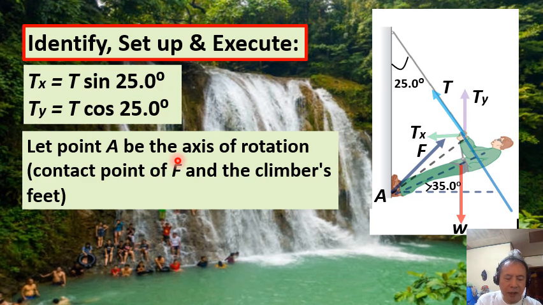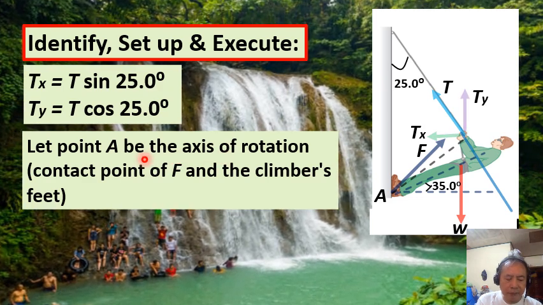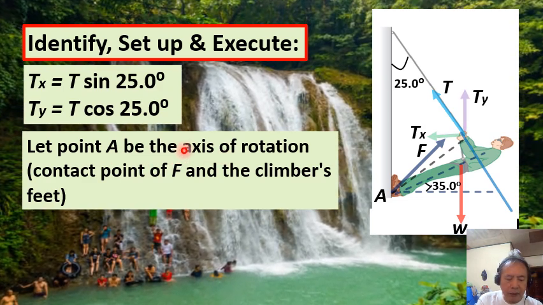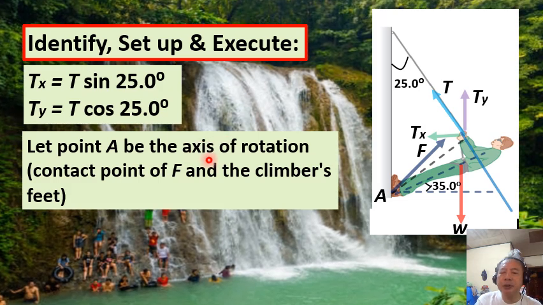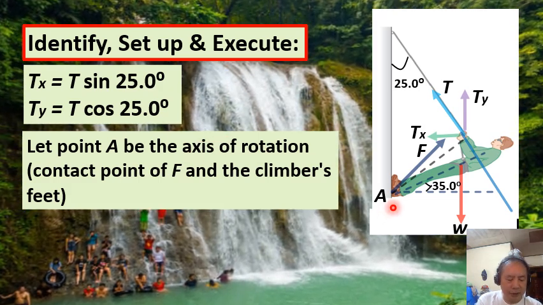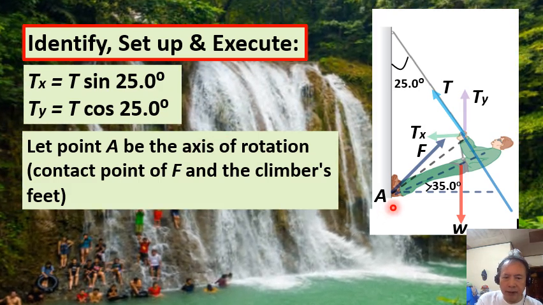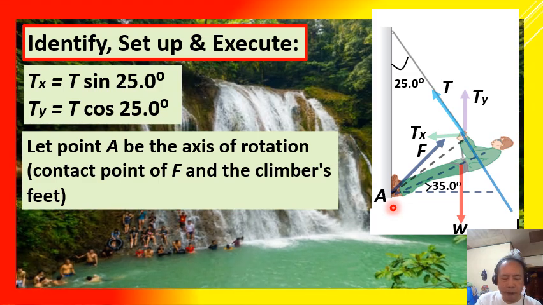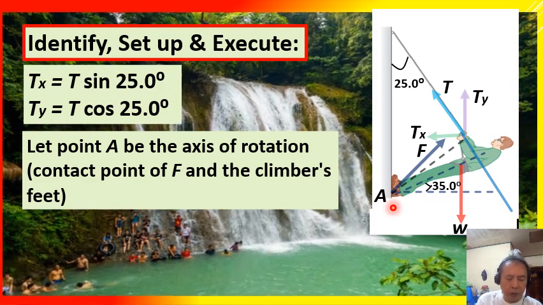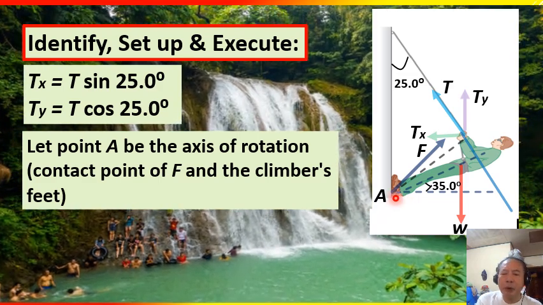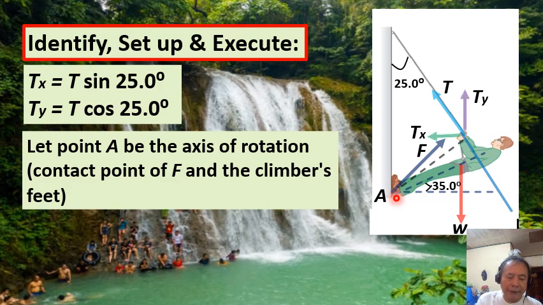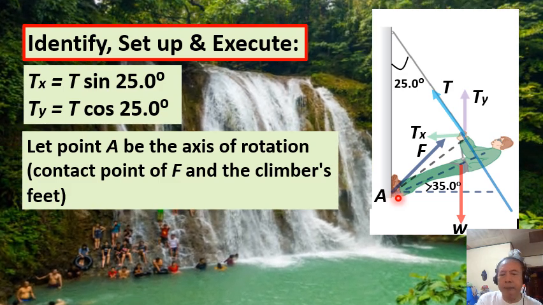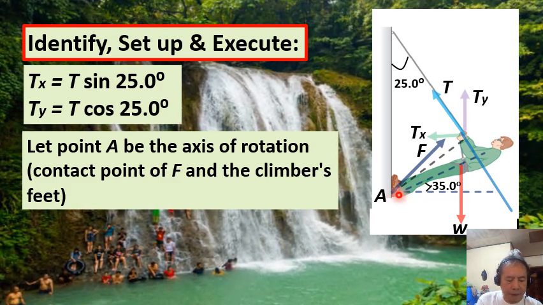This is because the force F passes through point A, or the axis of rotation that we will assume. So it will have no lever or moment arm.